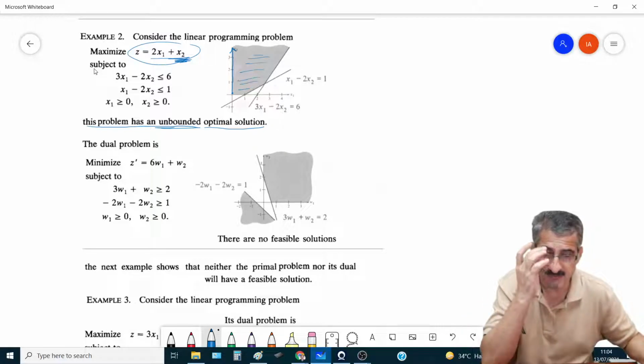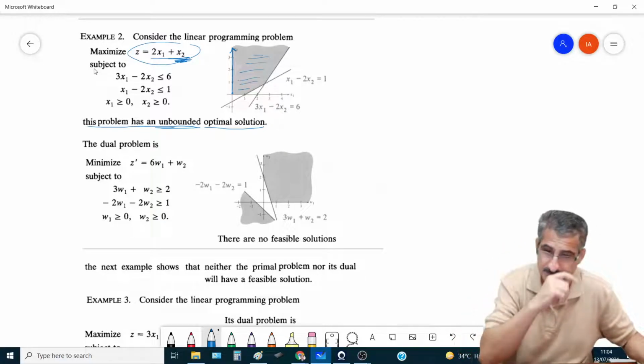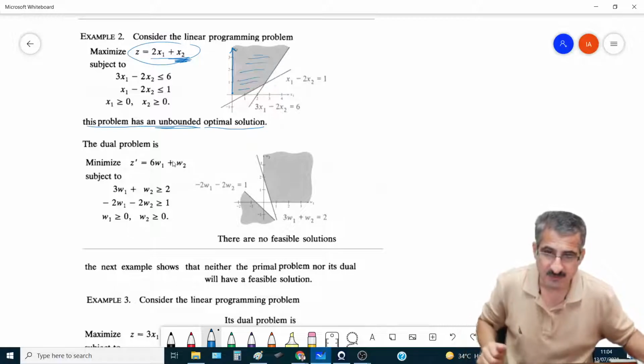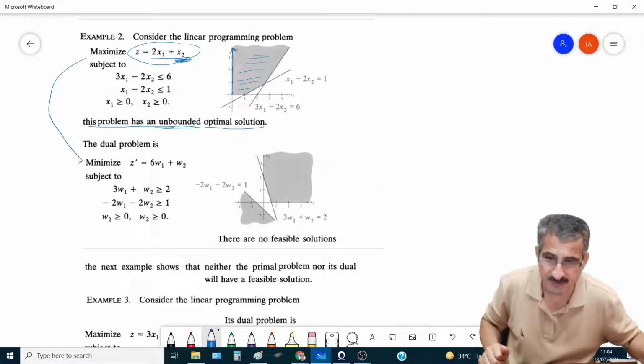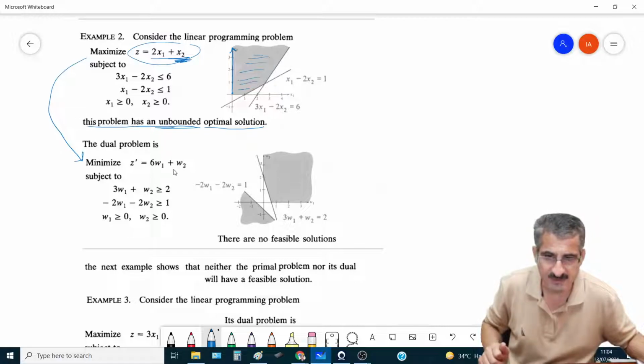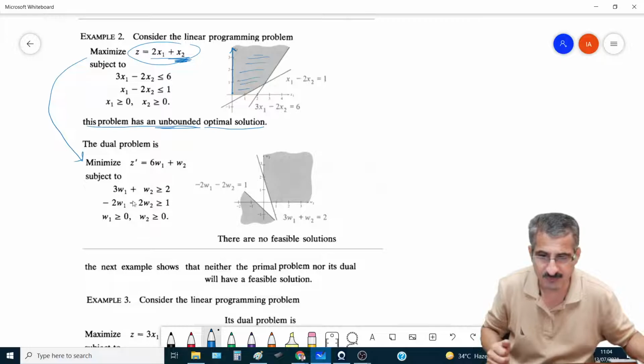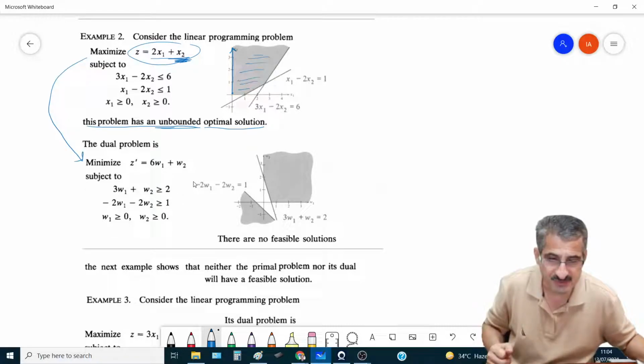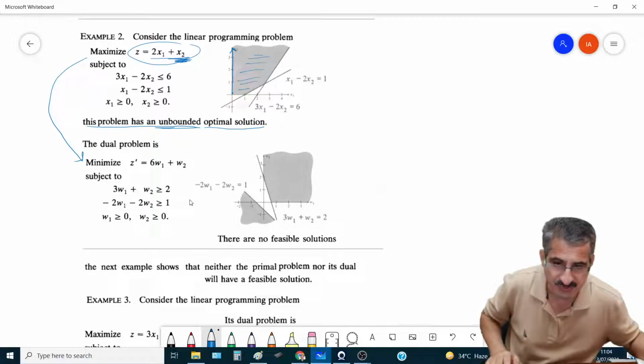Now, what does this mean for the dual problem? If we take the dual, it says minimize, and then we will have 6W1, W2. You know how to make the dual. And we have these constraints. Now, graph these constraints. This line is here. This line is in here.